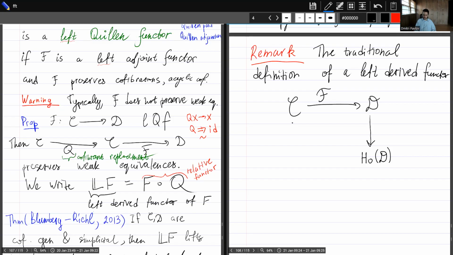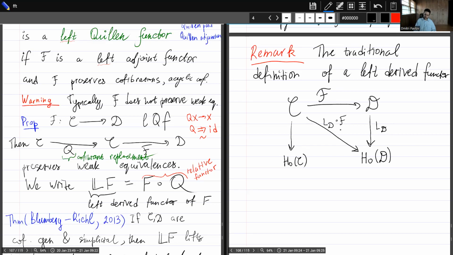And likewise, C also maps. Then the left-derived functor of F in the traditional literature is defined as the left Kan extension. So let me call this the localization functor of D. So this composition is the composition of L_D and F.